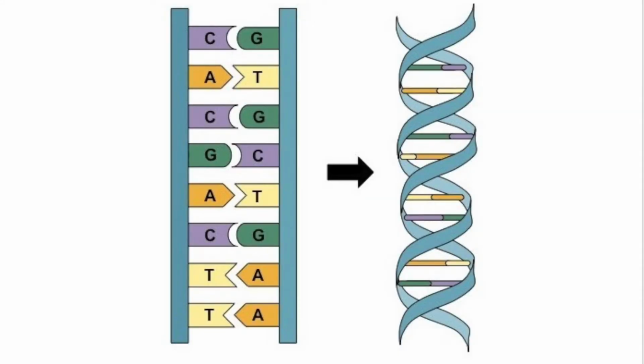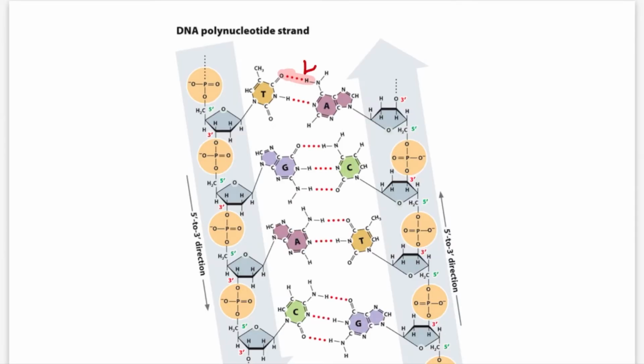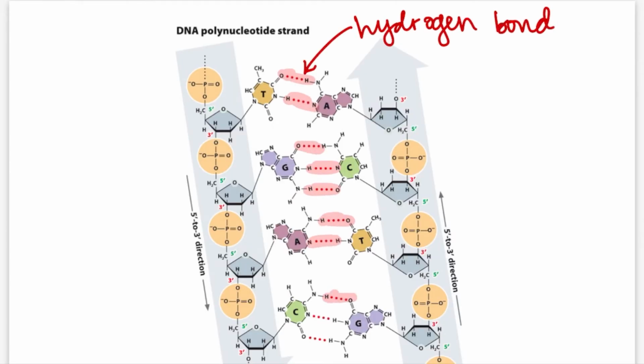So now that we've gone through how a single strand of DNA is organized, let's see how 2 strands of DNA come together. The complementary strands are held together by hydrogen bonds between the bases of the nucleotides.